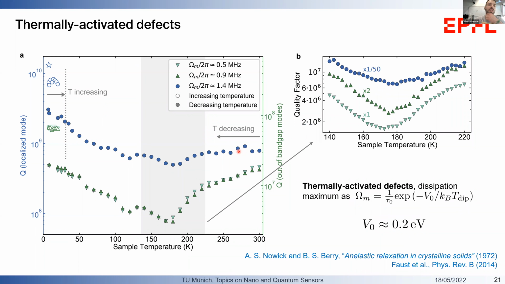Then the most prominent feature of these dissipation versus temperature curves is the presence of 2 dissipation peaks at 120 Kelvin and at 170 Kelvin that we saw on both the localized mode and the out of band gap distributed modes. For example, we can zoom in on the 170 Kelvin feature and do a finer temperature sweep around this dissipation maximum.